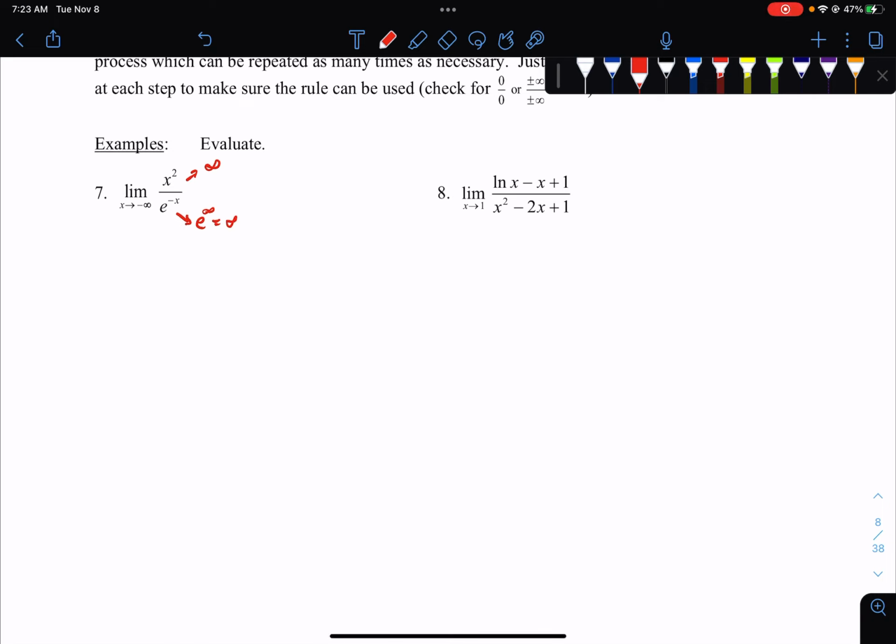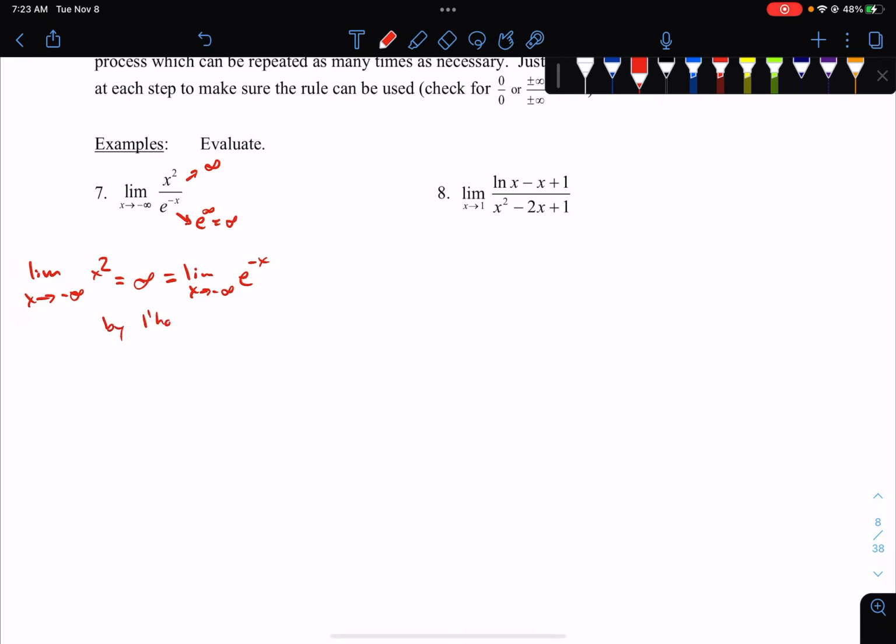So my top goes to infinity, my bottom goes to infinity, so I know I can use L'Hopital's rule. So I'm going to say that the limit as x goes to -infinity of x squared is equal to infinity, which is equal to the limit as x goes to -infinity of the bottom, e to the -x. I have to state that to use L'Hopital's rule, okay?